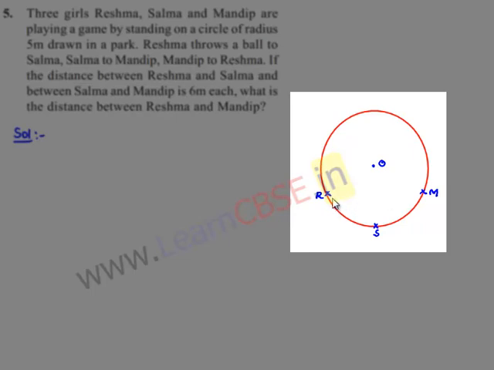Now he has given that distance between Reshma and Salma and Mandeep is 6 meters each. That is, MS is 6 meters and RS is also 6 meters. And he has given the radius of the park as 5 meters. Therefore here OR and OM will be equal to 5 meters since they form the radius of the circle.